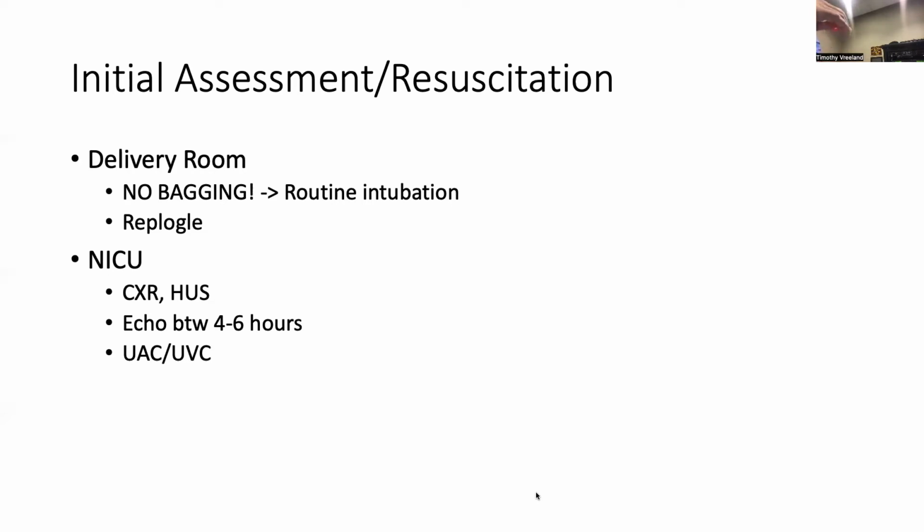In the NICU, things that you need to tell the NICU to get for you are a chest X-ray so that you can see ET tube position and your Replogle. You need a head ultrasound just to make sure that during delivery there was no rupture of the germinal matrix, no hemorrhage, and that's a pre-ECMO evaluation. You need an echo between 4 and 6 hours of life.